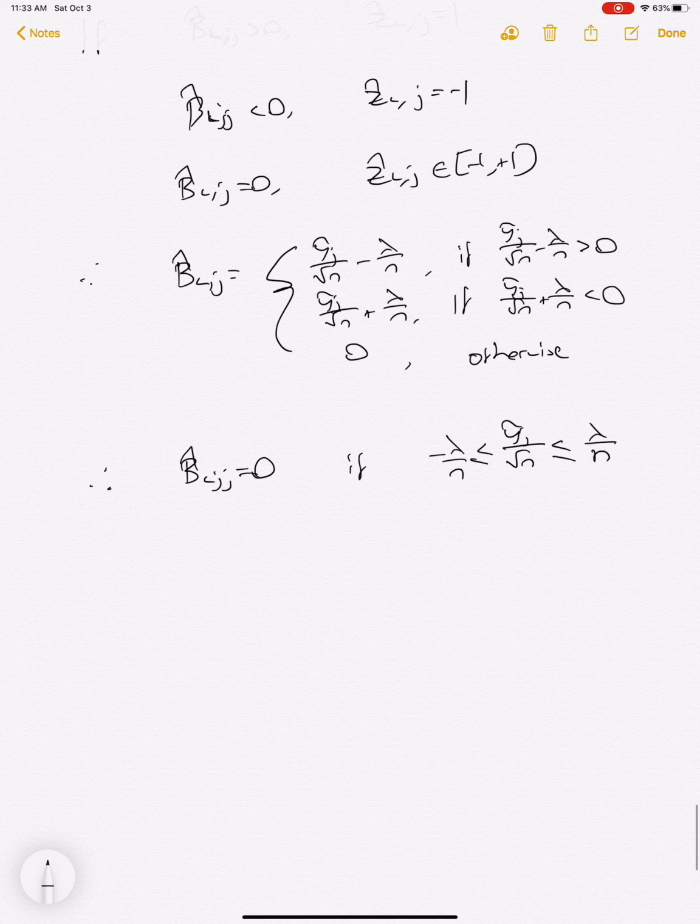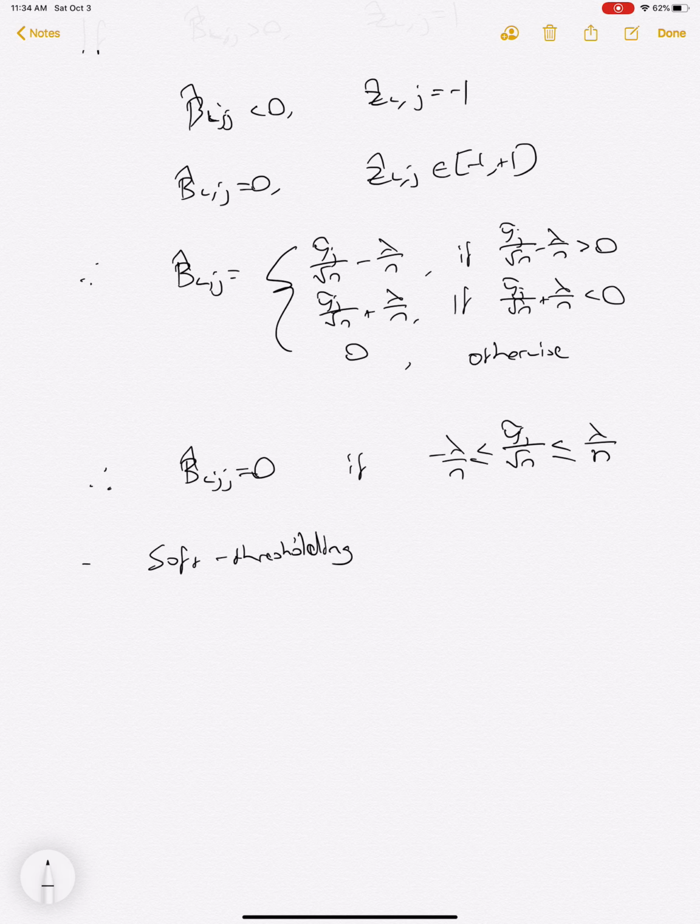And so as I mentioned, this is referred to as soft thresholding. The reason it's called soft thresholding is it thresholds things to 0 if your y tilde j is too small, essentially. But if it's bigger than that required threshold, then it's not exactly y tilde j.